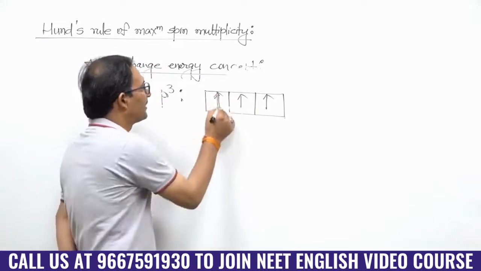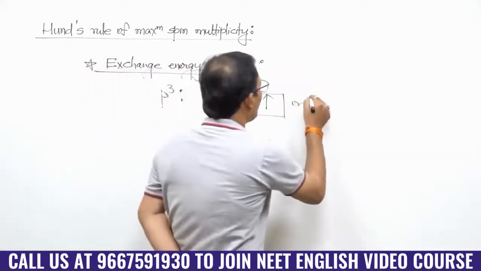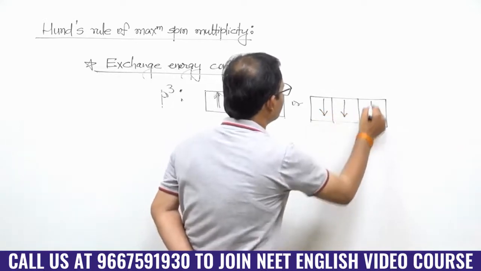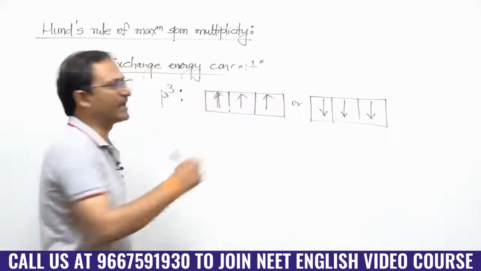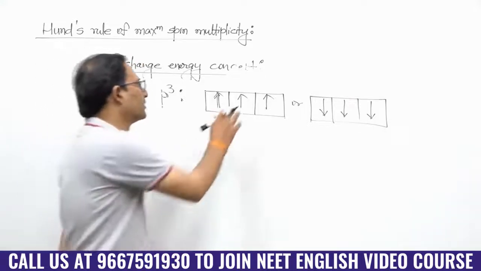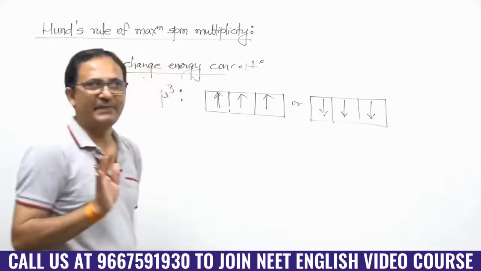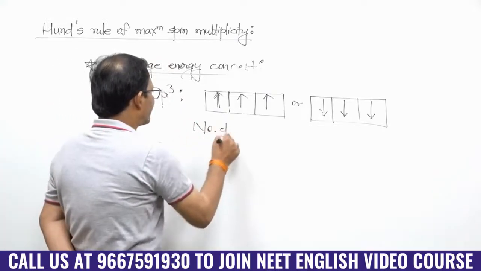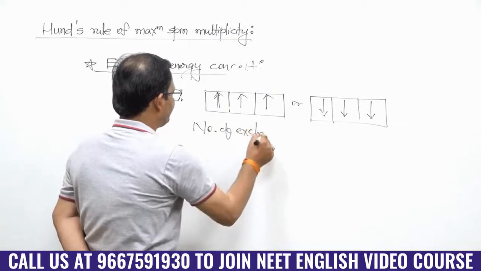Either you can write it this way, or you can fill these 3 electrons like this way. Both are the same thing, no difference between them, right? Both ways are permissible.